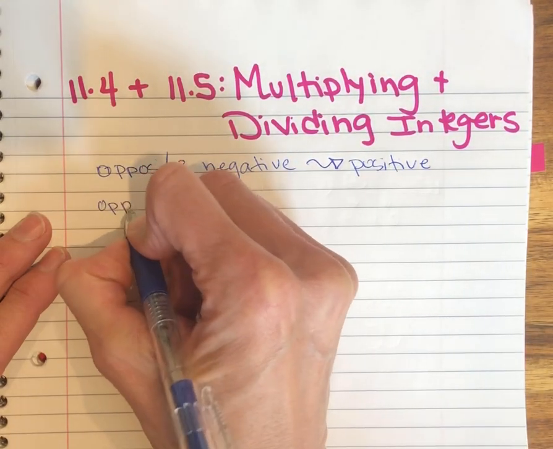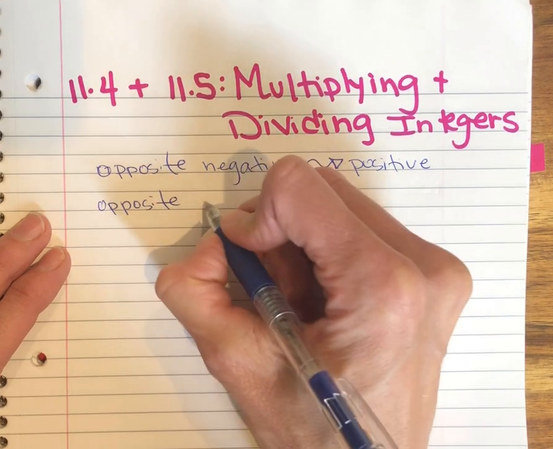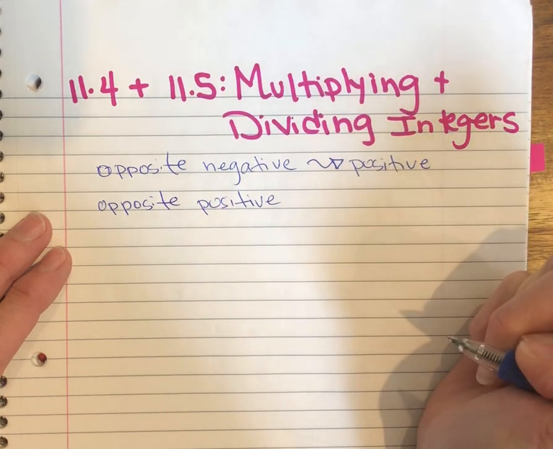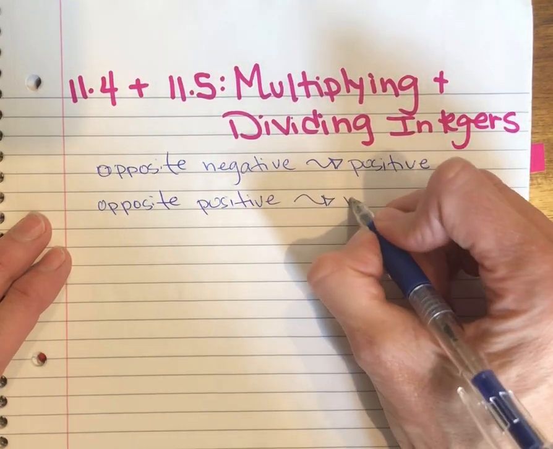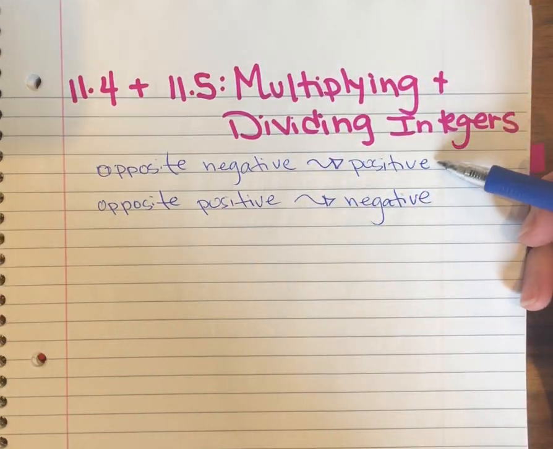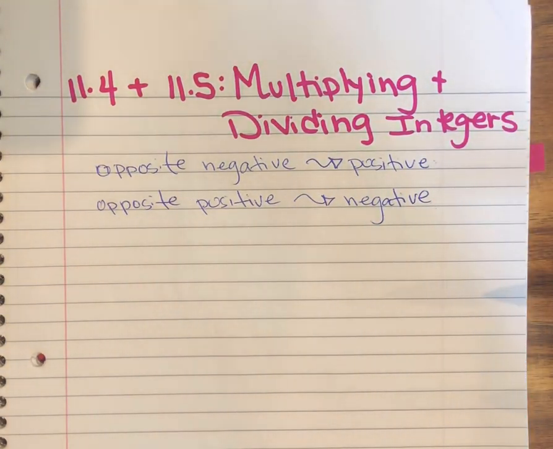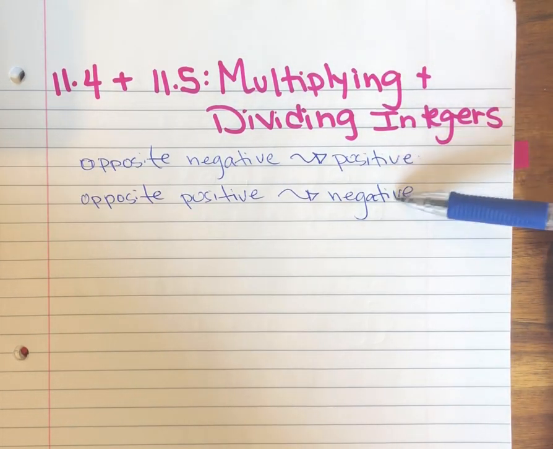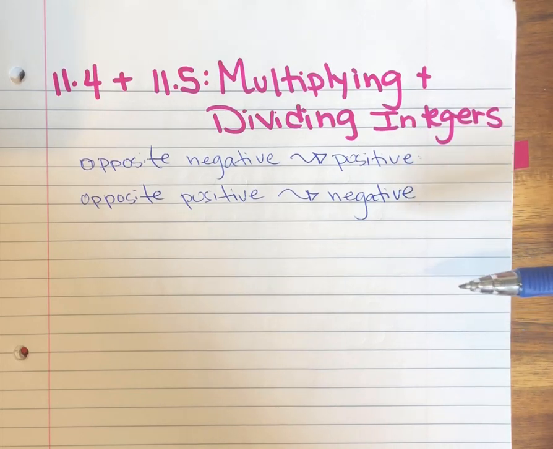And the opposite of a positive is what, class? Good, a negative. These are the two most important concepts to keep in mind when we're working out these multiplication and division of integers problems. So my recommendation would be to do all the computation first, then use these ideas to help you figure out if your answer is a positive or a negative.